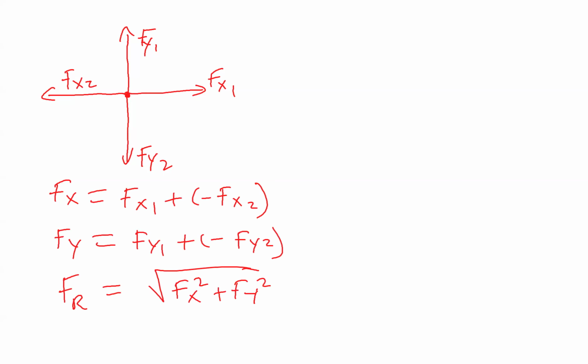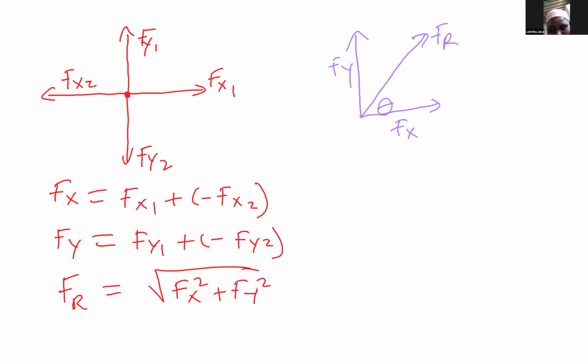So let me show you where it comes from. I'm assuming that Fy and Fx are both positive. This is where our Fr is, and this is the theta, our angle theta. Now, if you look at this one, we're going to apply the theorem of Pythagoras. Do you know the theorem of Pythagoras?